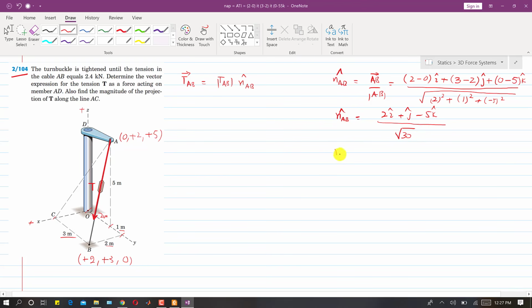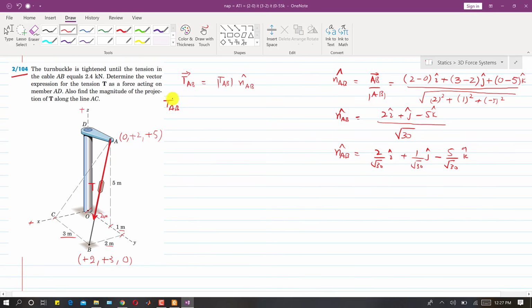So now the NAB unit vector will be equal to 2 by square root 30 i plus 1 by square root 30 j, and it will be minus 5 divided by square root 30 k, right? Now if we put this unit vector and the magnitude in this equation, we will get that vector.